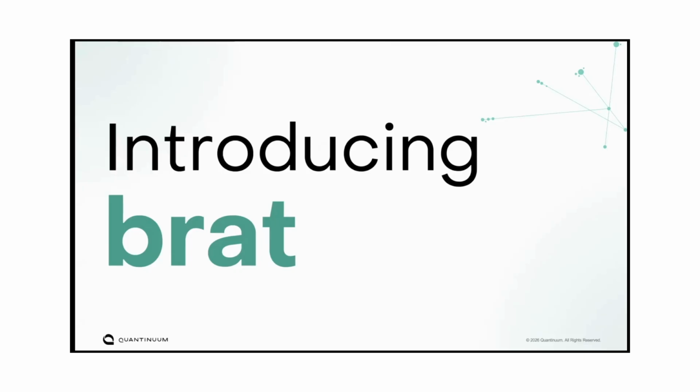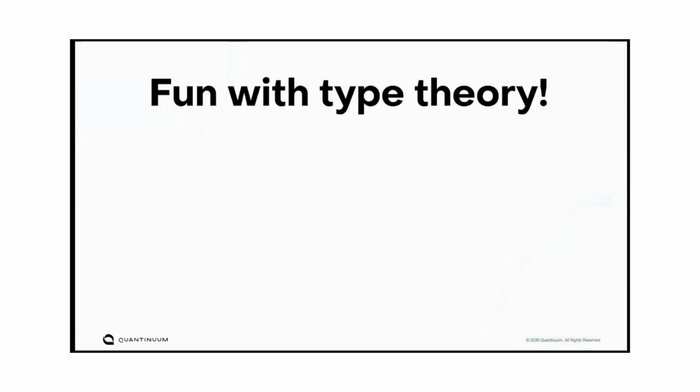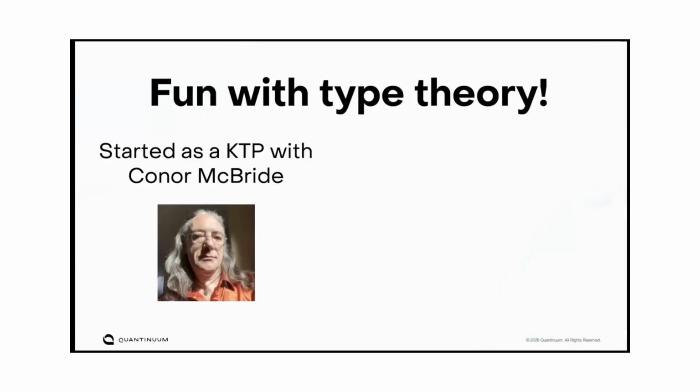One motto for Brat that I like to give is basically us trying to have as much fun as possible with type theory. This started as a knowledge transfer partnership with Conor McBride from the University of Strathclyde in Glasgow. So he's the academic part of this project. And then he teamed up with my colleague Craig Roy, who worked on the initial development of Brat.